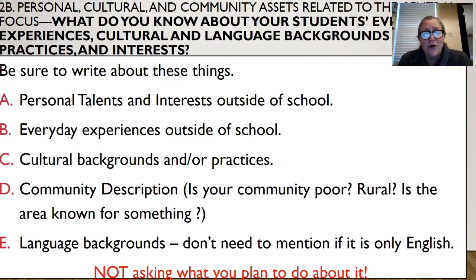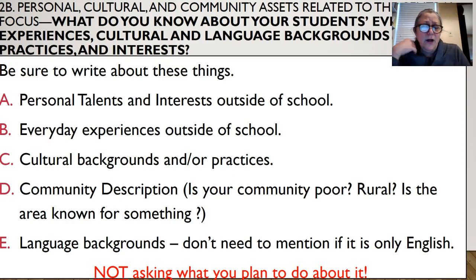You want to write about their cultural backgrounds and practices. The community description. For example, is your community poor? Is it rural? Is it known for something? For example, Bristol's known for NASCAR, and you've got the Gray Fossil site. So what are some community assets that we have here?